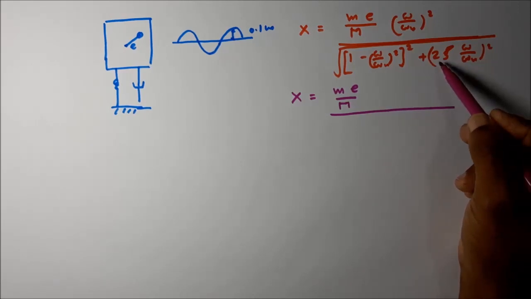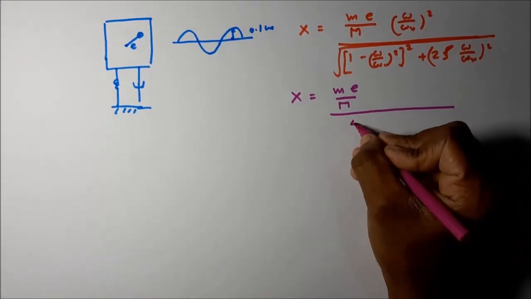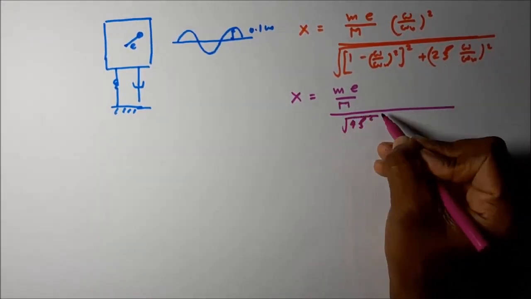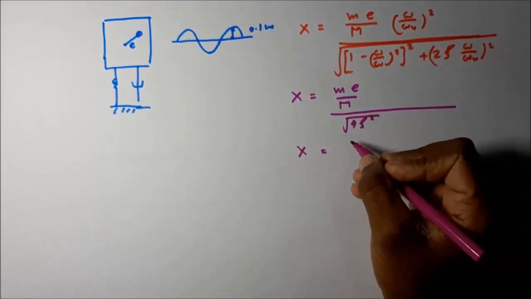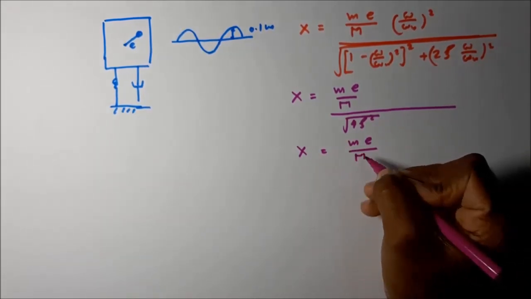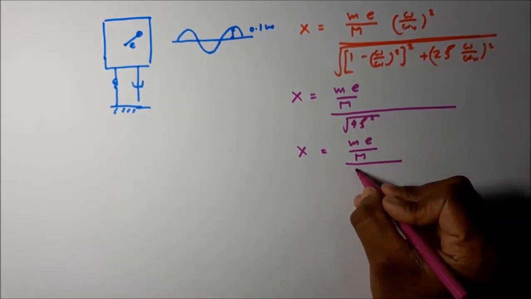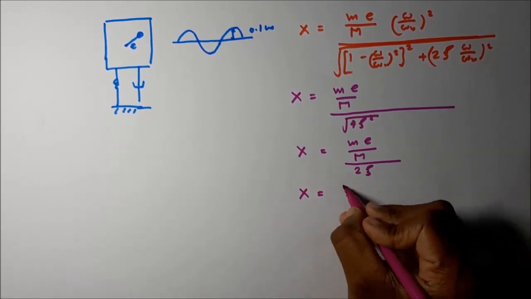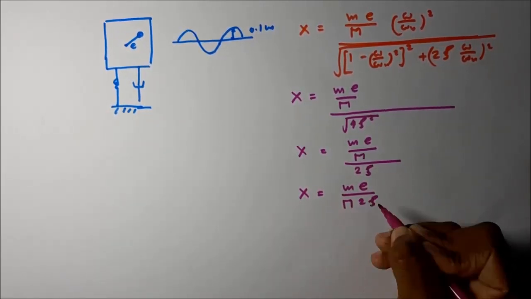Only 4 zeta squared remains under the square root, so finally x is equal to (m e / M) divided by 2 zeta.